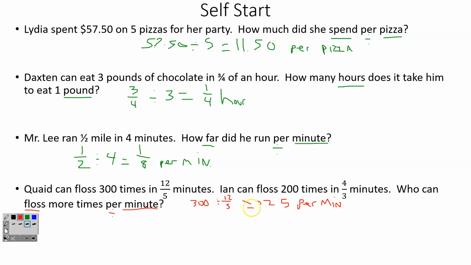So that's for Quaid. Ian can do 200. So I'm going to do 200 divided by 4/3. 200 divided by 4/3 gives me an answer of 150 per minute.